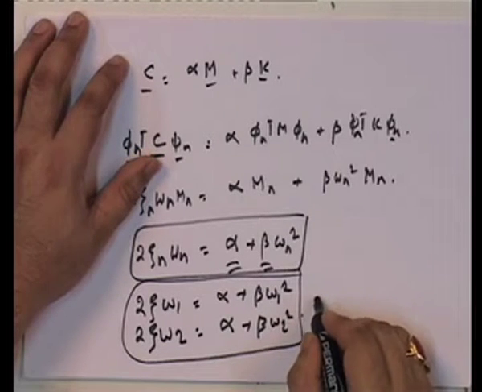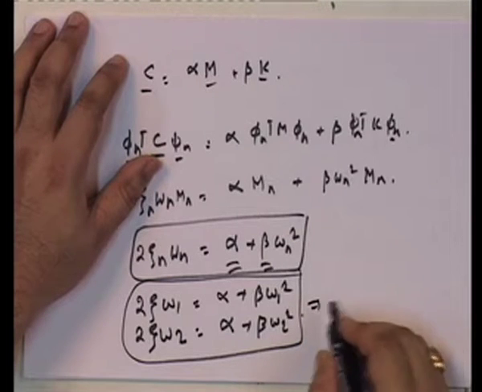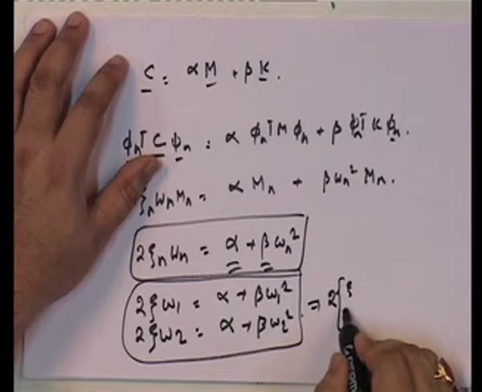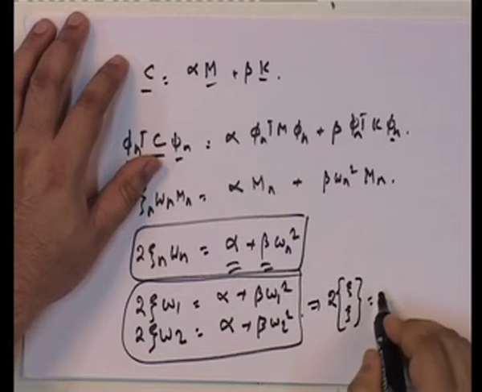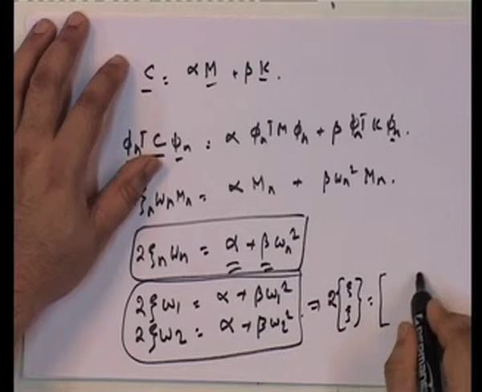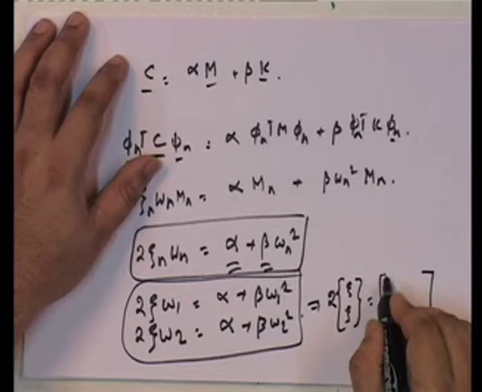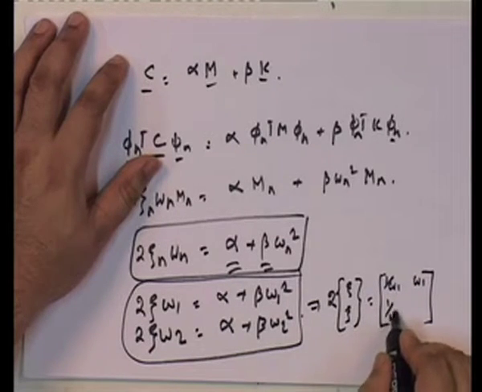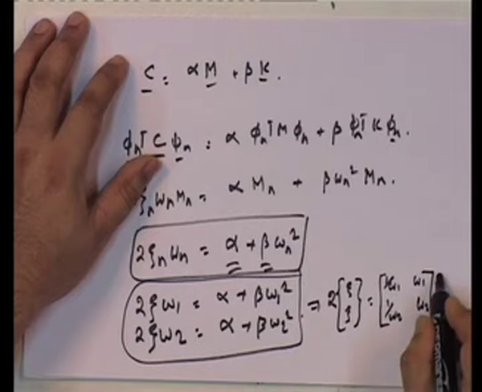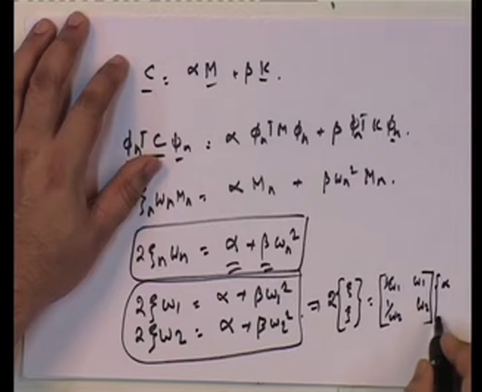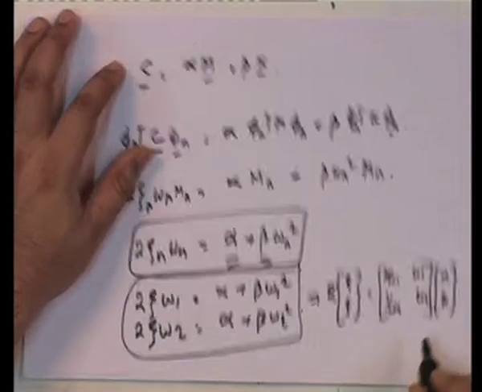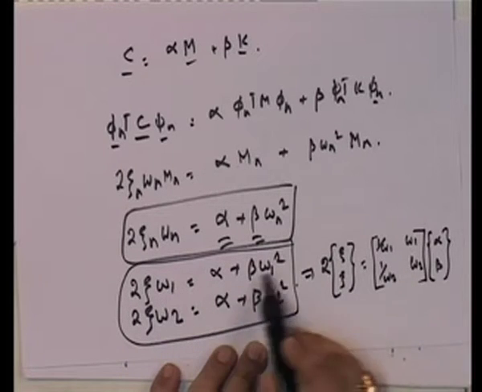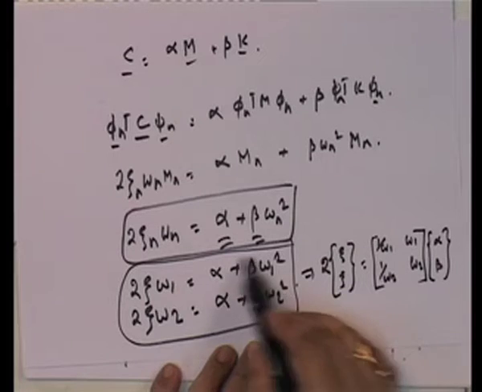So, what do I get? I get the following: 2 xi, with the matrix of 1 upon omega 1, omega 1, and 1 upon omega 2, omega 2, times alpha and beta. Note that the first equation is 2 xi is equal to alpha upon omega 1 plus beta into omega 1, that is this equation.